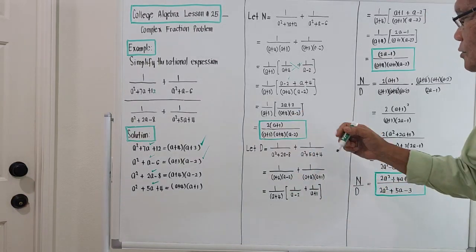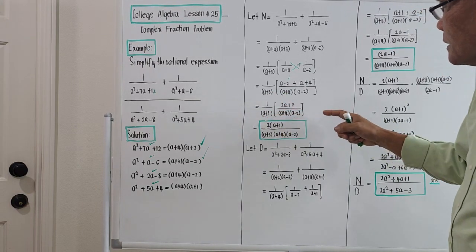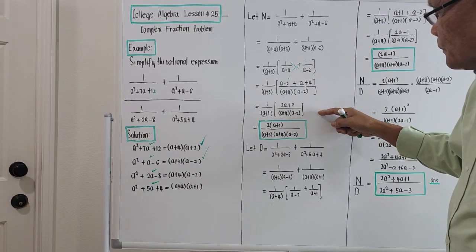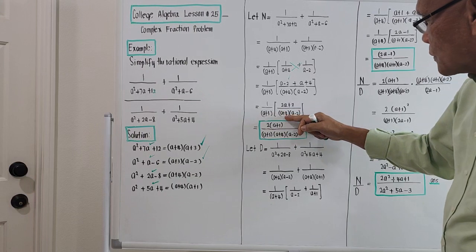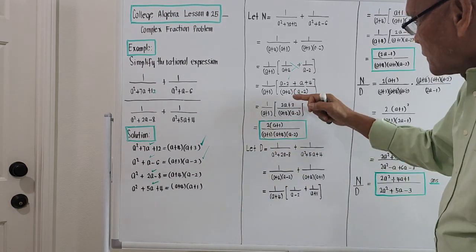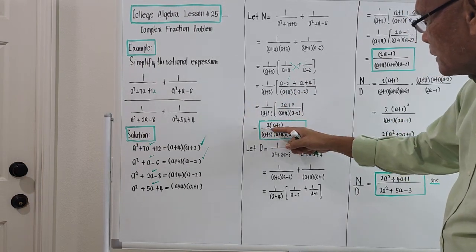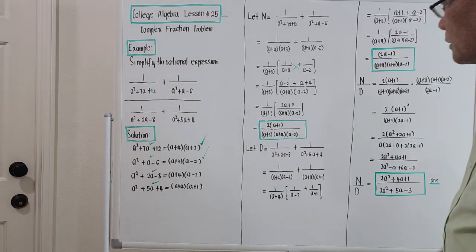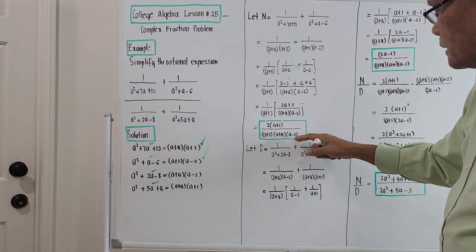Simplifying, this should be 1 over a plus 3. A plus a will be 2a, and minus 2 plus 4 will be plus 2. The denominator will be the product of a plus 3 times the quantity a plus 4 times a minus 2. We bring out 2 here as a common factor, so this is 2 times the quantity a plus 1, all over the resulting denominator, the product of the three binomials a plus 3, a plus 4, and a minus 2.